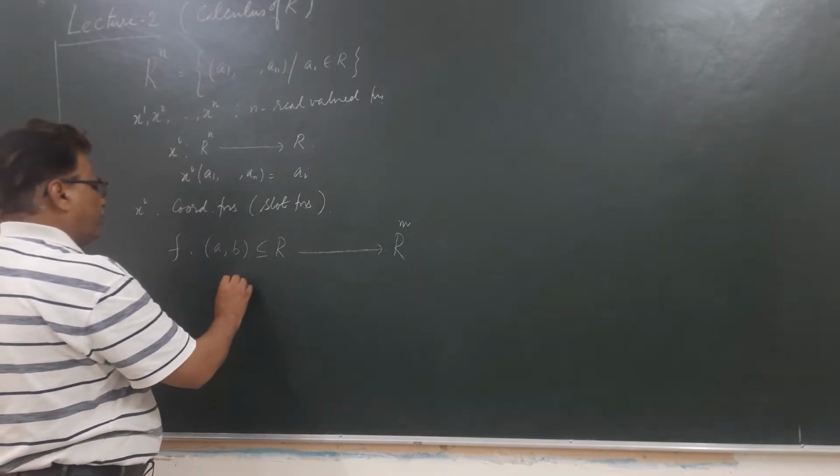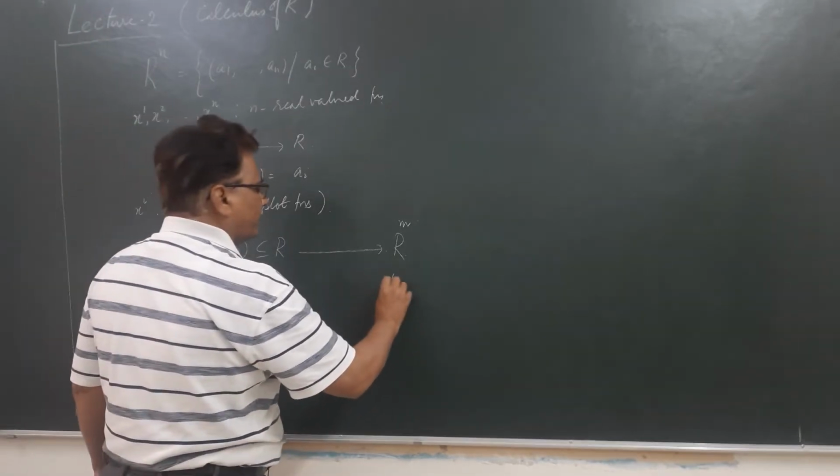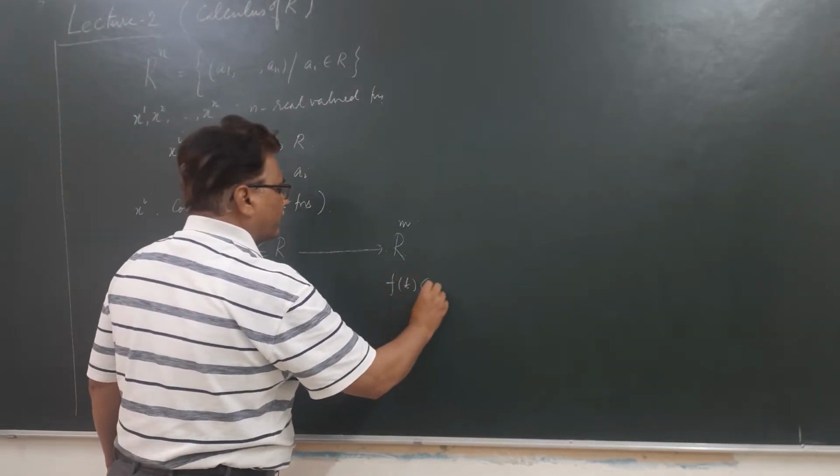If I have a point t in the interval (a, b), then f(t) will be a vector of Rm.